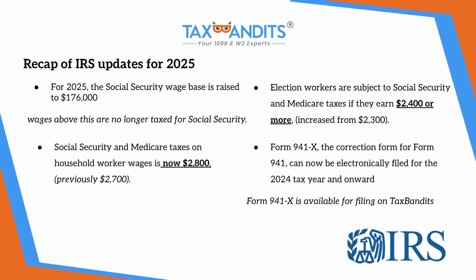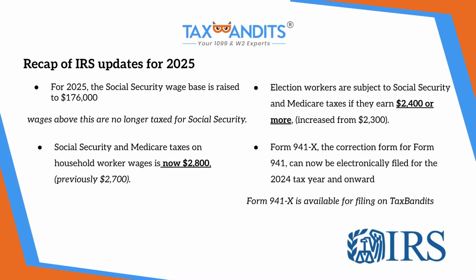Now that we've defined what Form 941 entails, let's shift gears to important IRS updates regarding quarter 2 of 2025. The IRS has increased the annual wage base to $176,000 for all quarters of 2025, meaning once an employee's wages reach this annual cap, they will no longer contribute Social Security tax above this threshold.